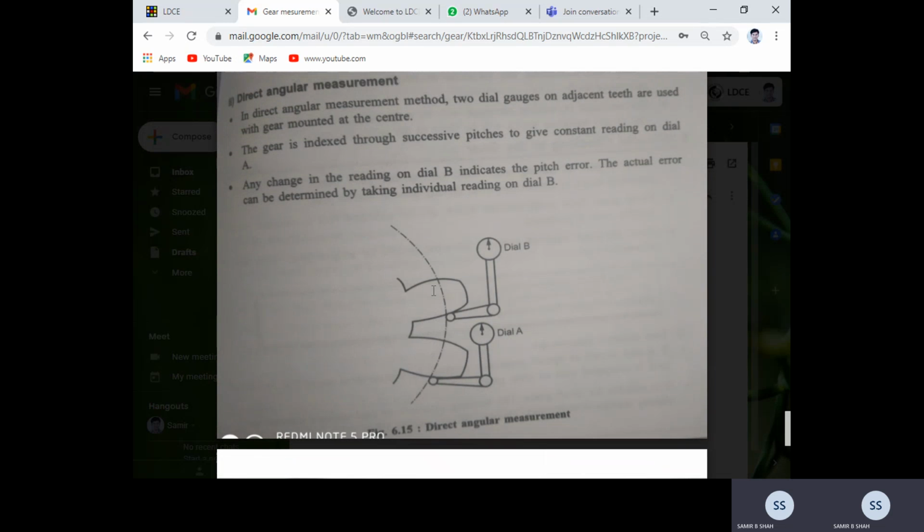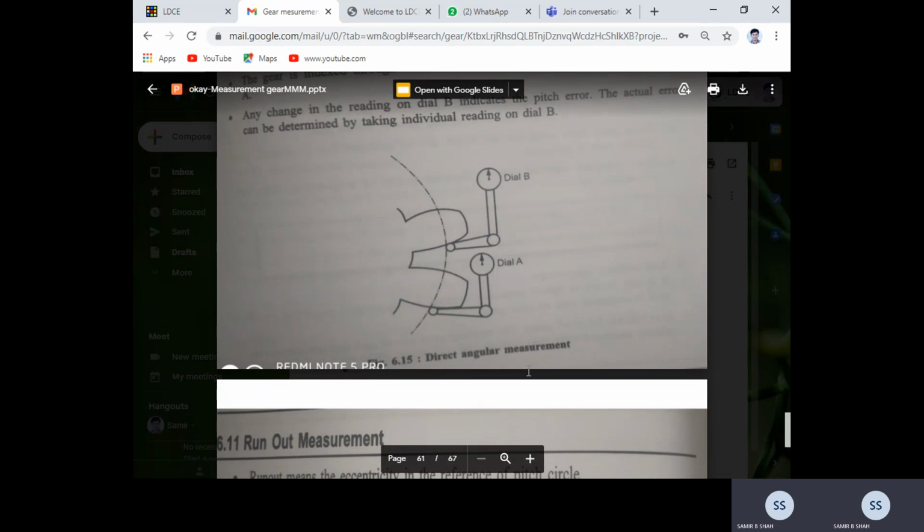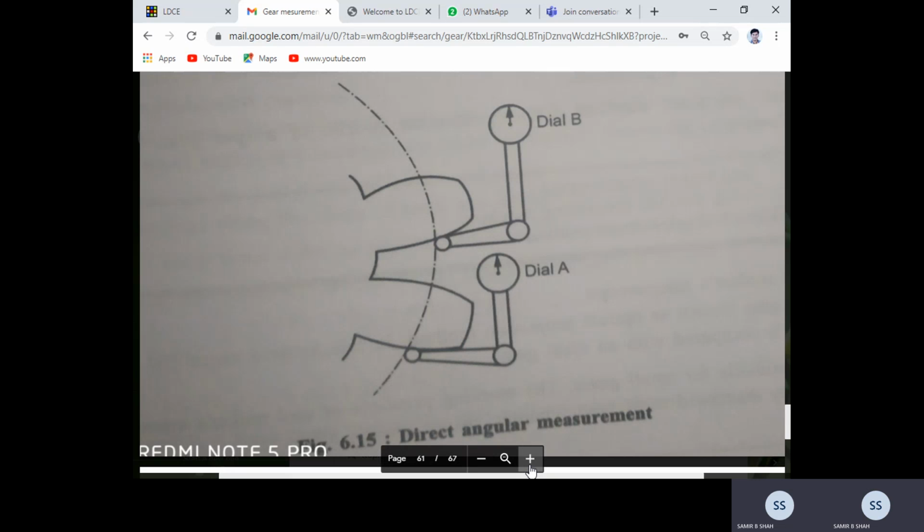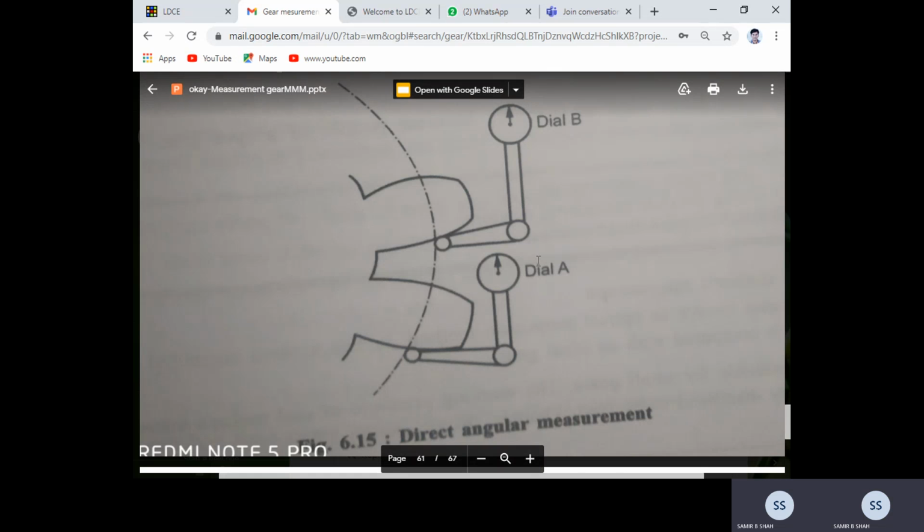Second one, which is also important, is the direct angular method, as you can see in the diagram. I just zoomed it, so it's very clear that two dial gauges on adjacent teeth are used, with the gear mounted at the center. The gear is indexed through successive pitches to give a constant reading on the dial. Right?